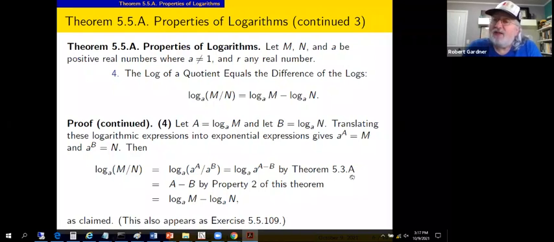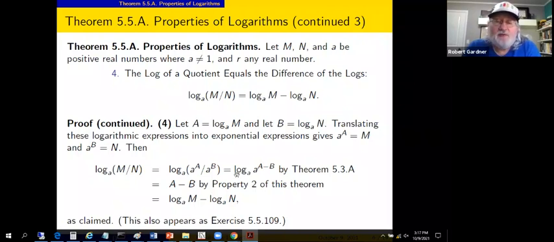You know by properties of exponents, again for the record, Theorem 5.3.a, that when dividing you subtract exponents. So inside the log function, lowercase a to the capital A minus capital B becomes this quantity here, subtracting exponents with a division. Now we've got an exponential function inside a log function.